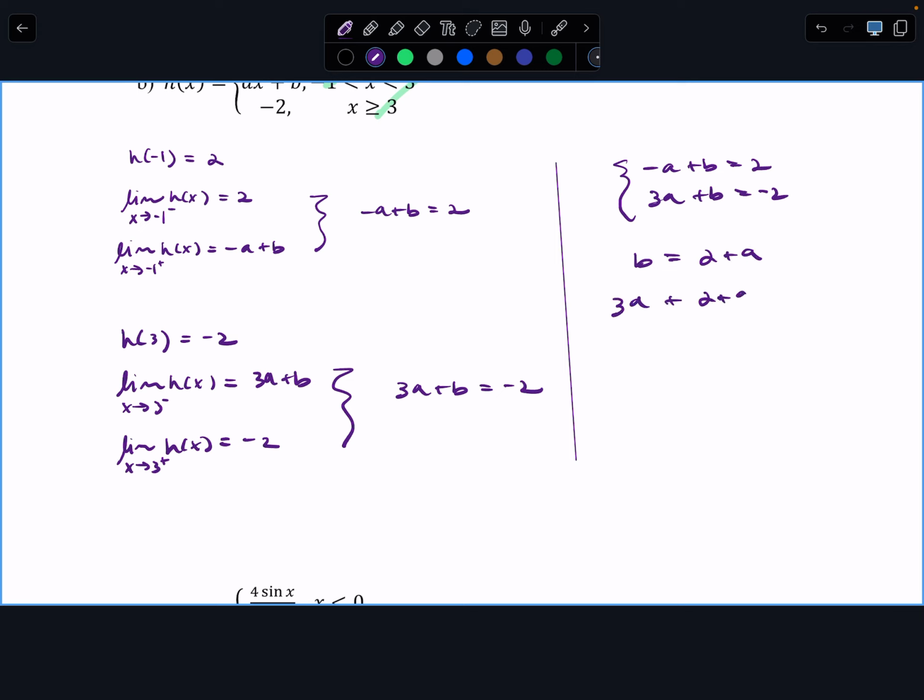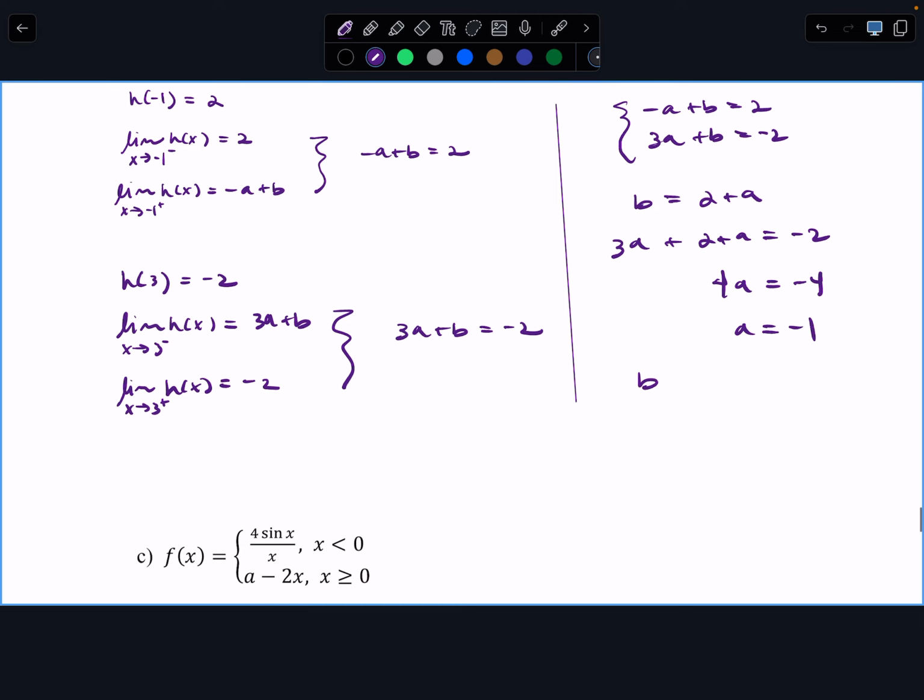Both sides. Oh, okay. Wait, so I have to do it for 3? Yeah, the limit for 3 on both sides.